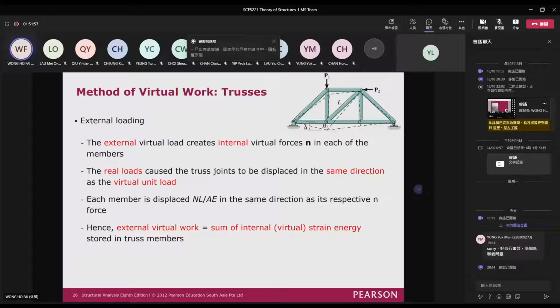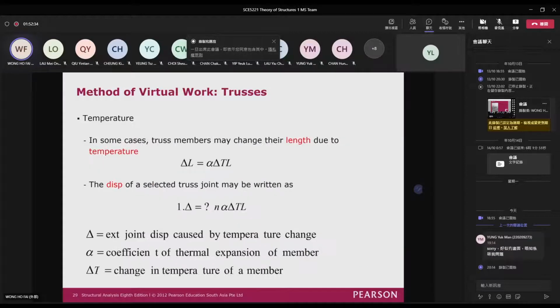And then, for example, we have NAB as the member force under the virtual force, and then times NAB L over EA, and then plus NBC L over EA, and then add all of them together, it is equal to 1 times the delta. So how can we do that?